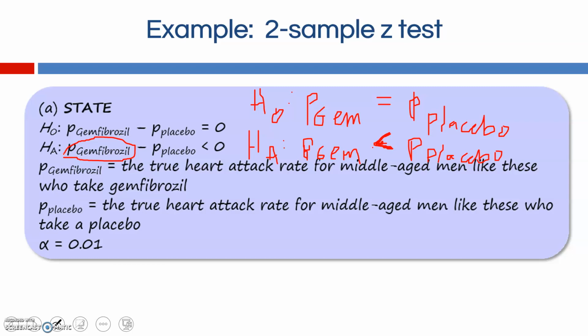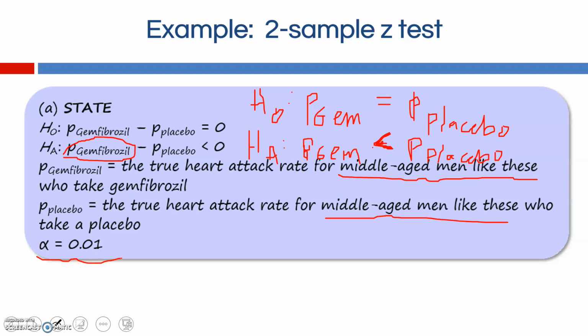All right, and notice how we write our parameters. The true heart attack rate for middle-aged men like these. Remember, we cannot overgeneralize here because we did not randomly sample from a population. These were volunteers.